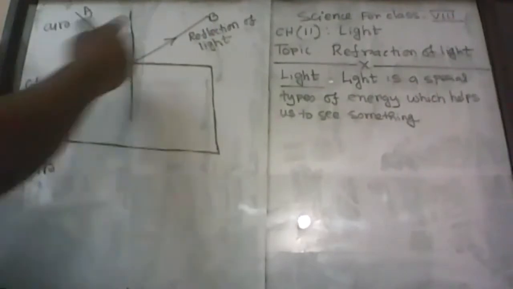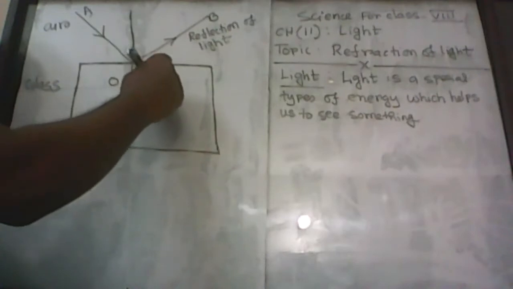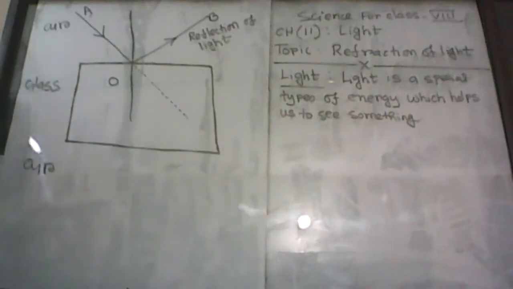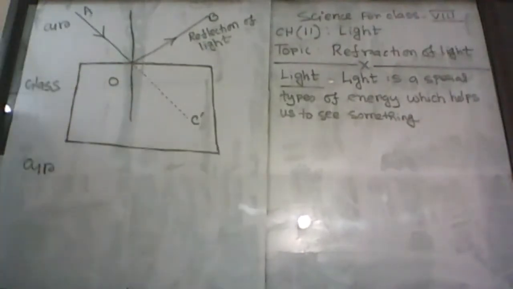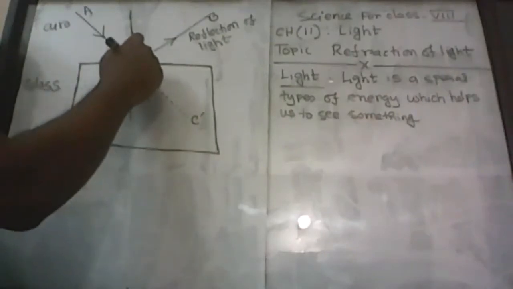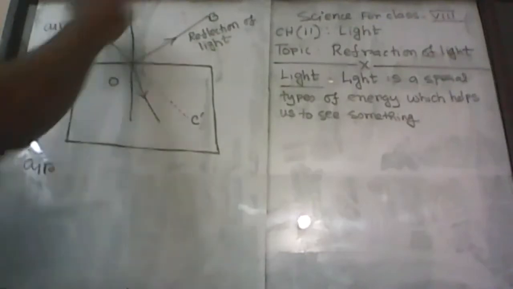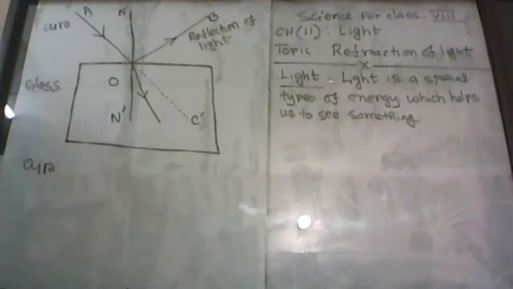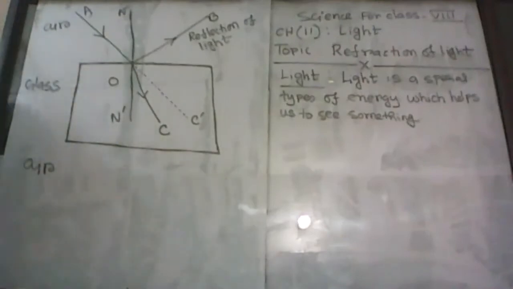It cannot pass through its previous direction, which is marked by the dotted line. It passes through this particular direction, just like suppose OC. It bends, and in glass medium it is observed that after bending, it comes closer to the normal line, suppose N O N prime or N dash. It comes closer to the normal line, just like following OC.